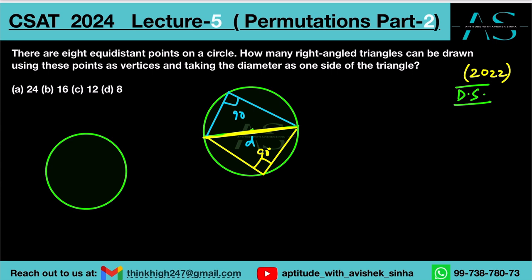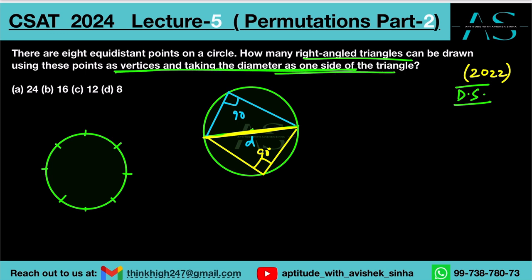In direction sense, we have got 8 directions: north, south, east, west. Then we have northeast, southeast, southwest, northwest. These are 8 equidistant points on a circle. How many right angle triangles can be drawn using these points as vertices and taking the diameter as one of the sides? Taking the diameter as one of the sides.